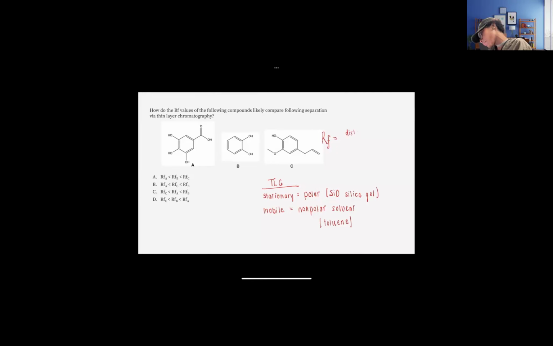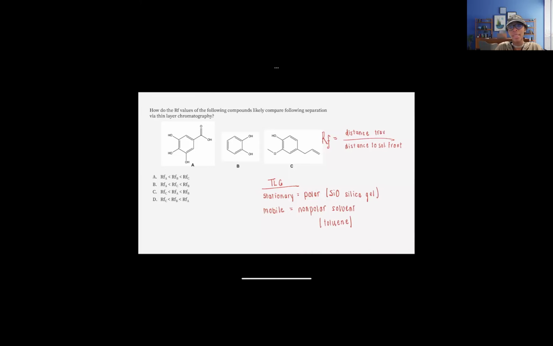Distance traveled over distance to solvent front. Meaning that the one with our highest RF value is going to be the one that's going to move the furthest.